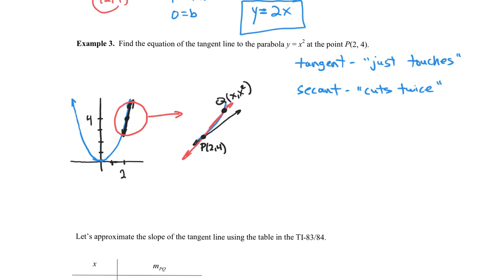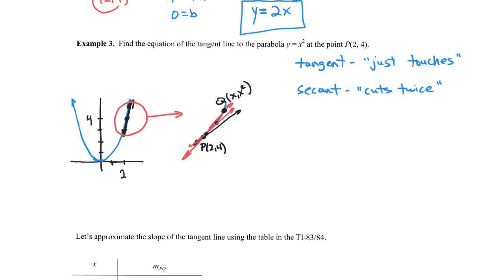Then we're going to slide this x-coordinate closer and closer to 2. So maybe we'll have another point right here on the blue curve. And that new red secant line, going through those two points, is closer to the slope of the black tangent line. And as we get closer and closer, think of this point Q as right next to this point P.